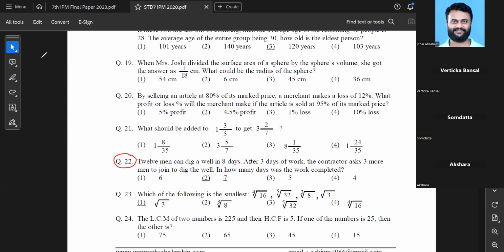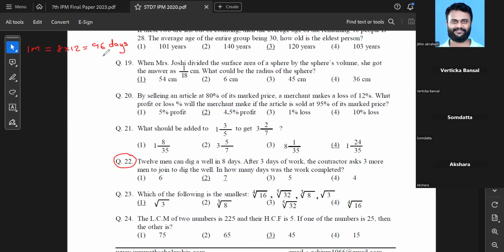So, 12 men are digging a well in 8 days. So, one man can dig the whole well in 8 into 12, that is 96 days.